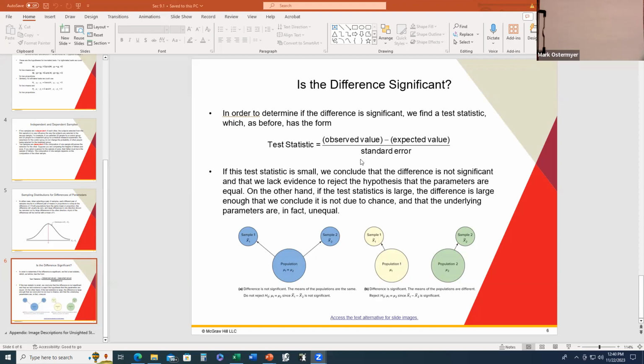When we were testing for one unknown population mean, our sampling distribution was that of all sample means. When we were testing for an unknown population proportion, the sampling distribution was for all sample proportions. Well, that's going to be the case when we're doing hypothesis testing involving two populations. The standard error is still going to be a sampling distribution of usually the difference between the sample results, sample means or sample proportions.